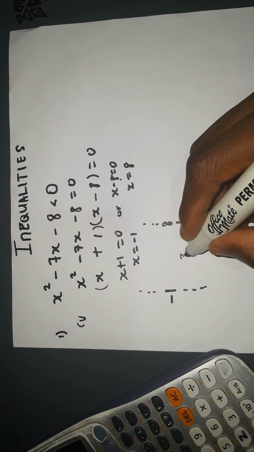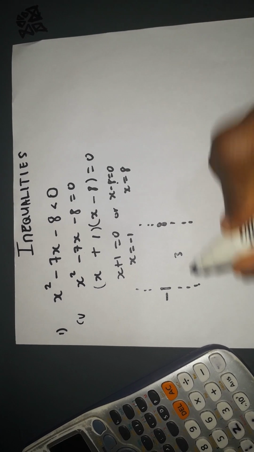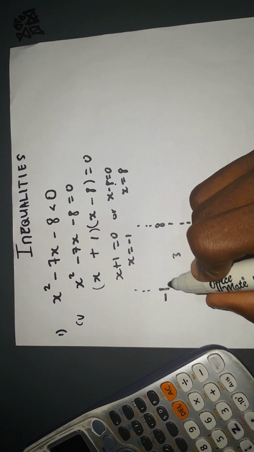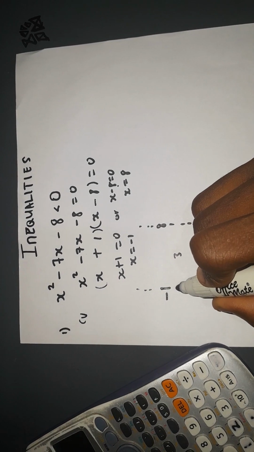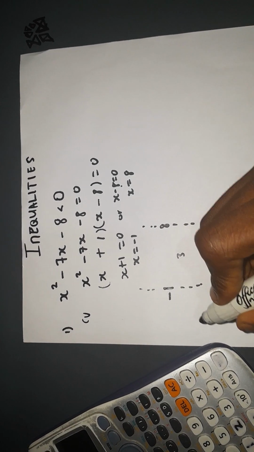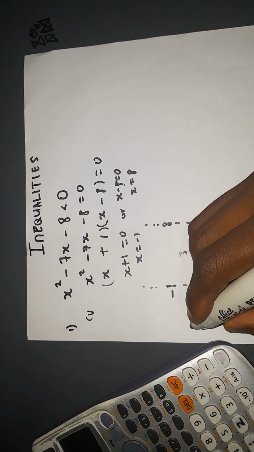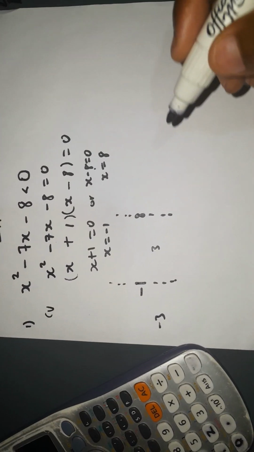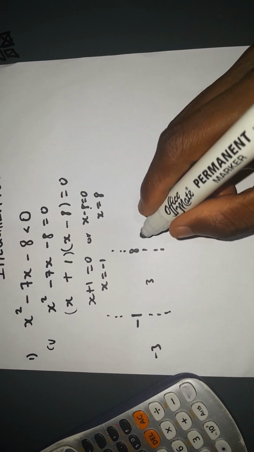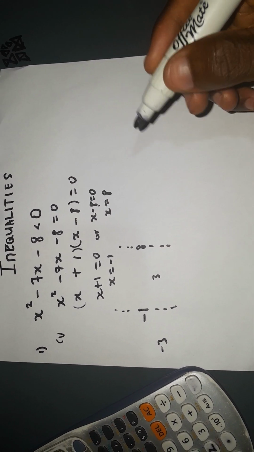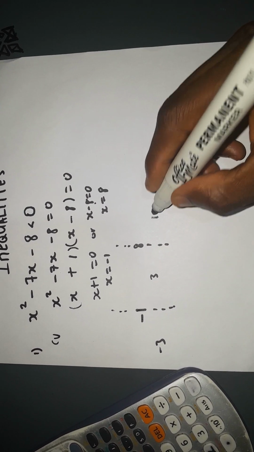Let's use 3. So now, what's a number that is less than -1 on the number line? We can use -3. And a number that is greater than 8 on the number line, we can use 10.